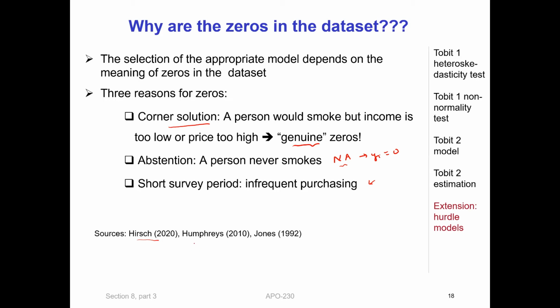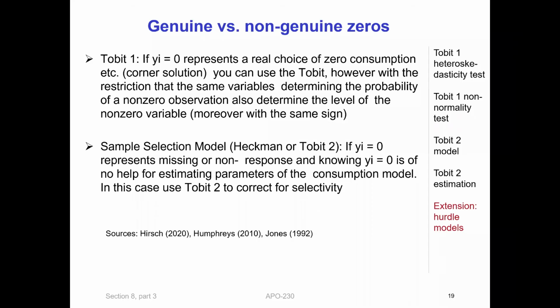We also have a very nice article by Humphreys and a textbook by Jones. Those are the sources we use to give you this overview. I will also upload the Humphreys article on the campus site for your reference later. Okay. So depending on why the zeros are there in your dataset, we could have different models.